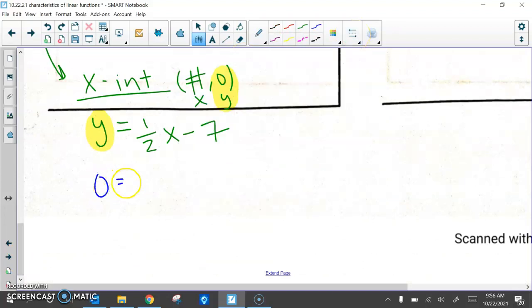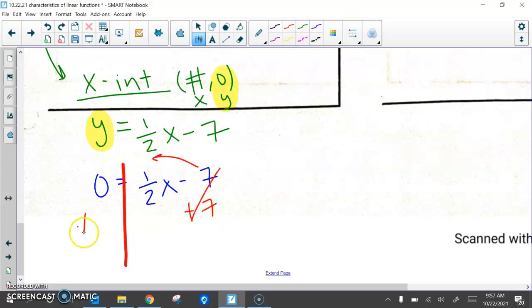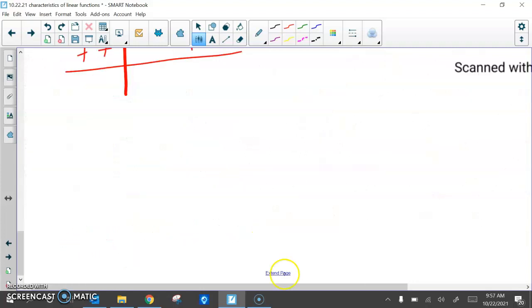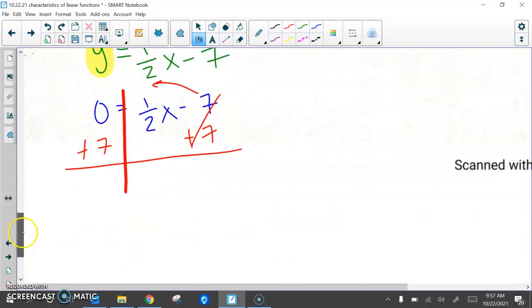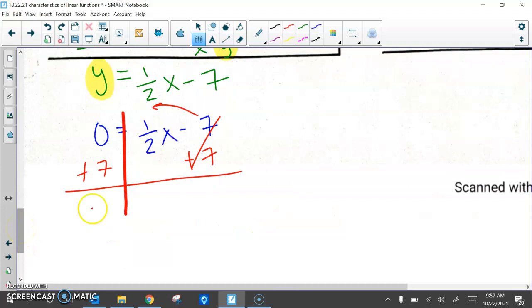So it's going to be 0 equals 1/2 x minus 7. Now it's a two-step equation, and I know we haven't done these in a while, but hopefully you still remember how to do them. I need to move this 7 over to join the 0, so the opposite would be add 7. Then I have 7 equals 1/2 x.